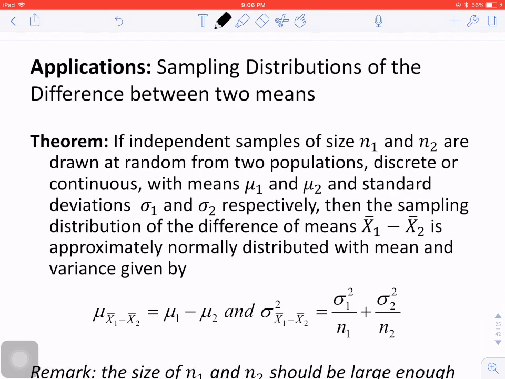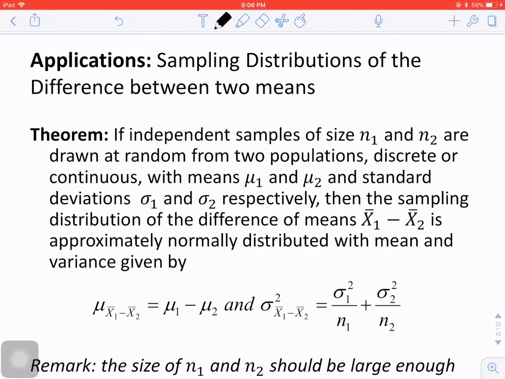All right. So let's take a look at other applications of sampling distributions. This application is called the sampling distribution of the difference between two means. Assume that there are two population groups, A and B, and that A and B are independent groups.